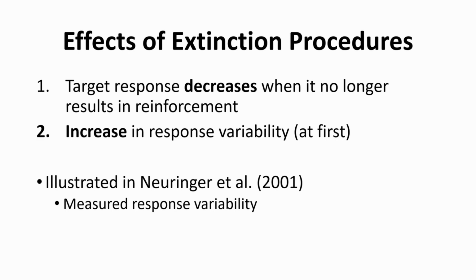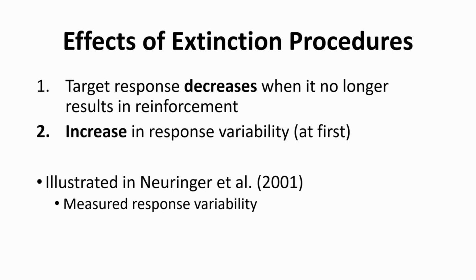Basically, when having the behavior occur doesn't lead to reinforcement, you're going to do less and less of that behavior. That's pretty much the definition of the extinction process, so of course that makes sense.